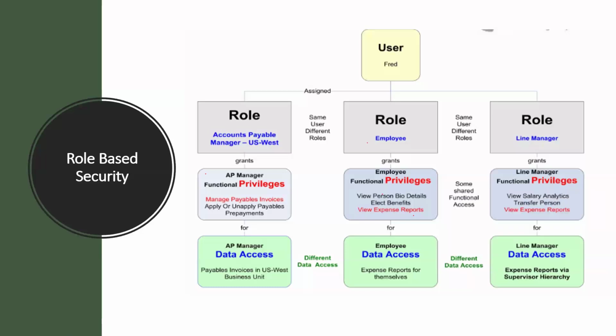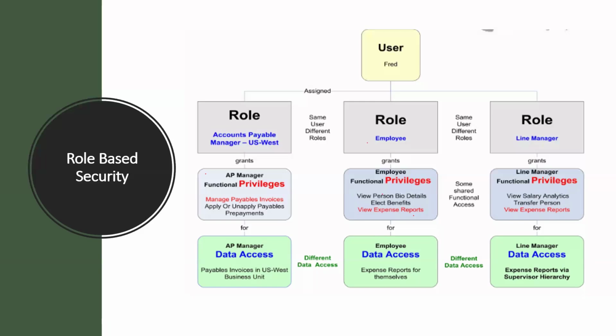As a line manager, he will have additional responsibility. At the employee role level, you can see your expense reports, whereas at the line manager level, you can see other employees' expense reports as well.